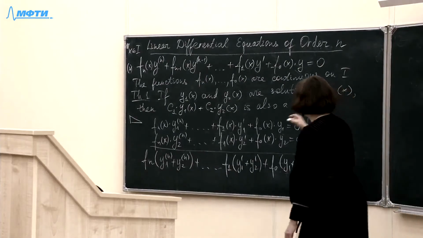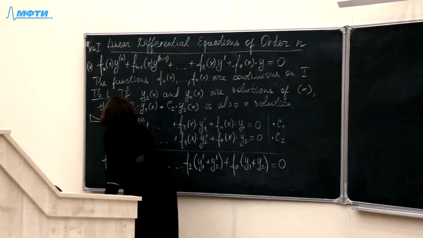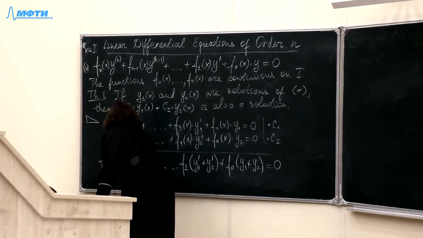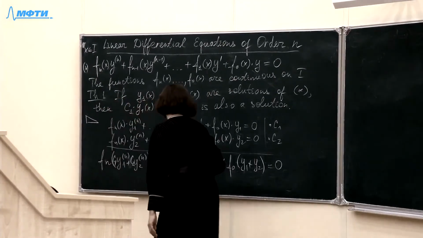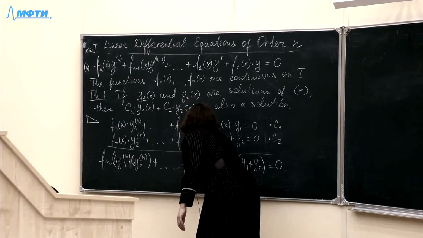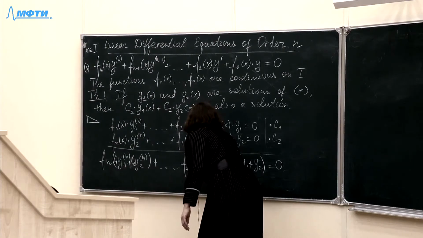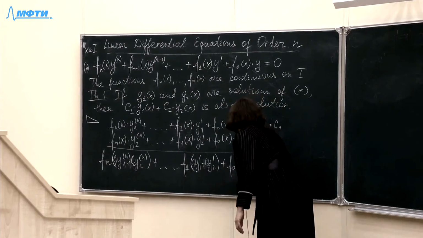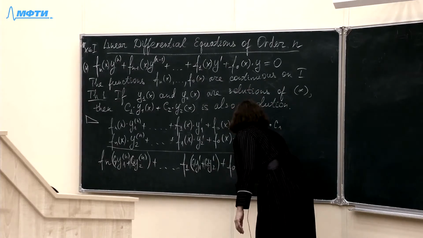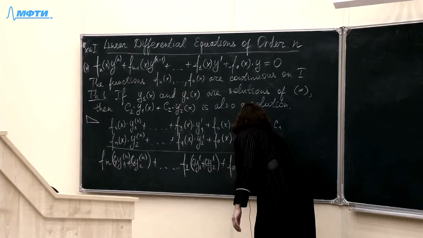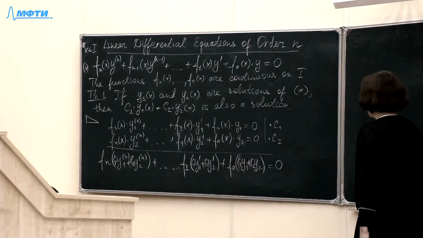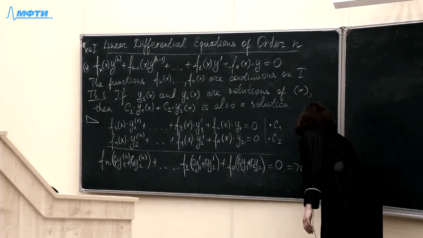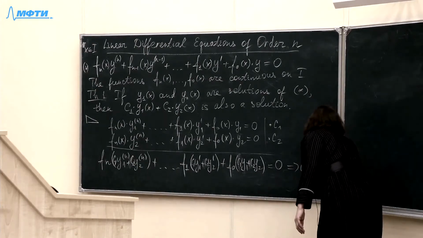Okay, and multiplied by c1 and c2, I have forgotten the constants. And you can see it follows that c1 y1 plus c2 y2 is a solution.